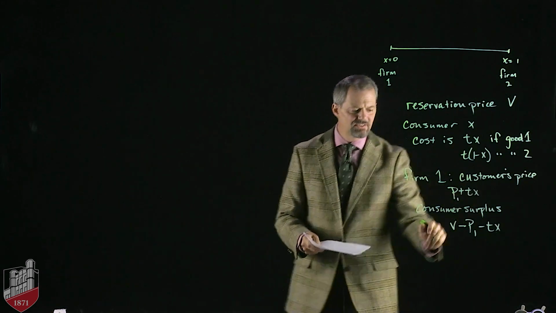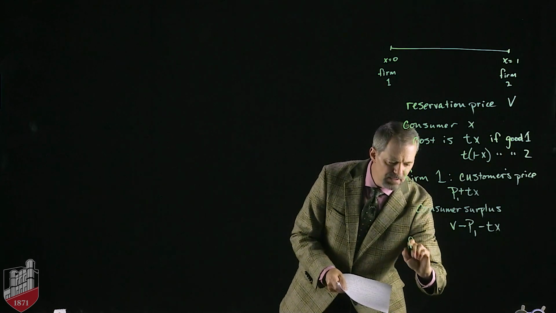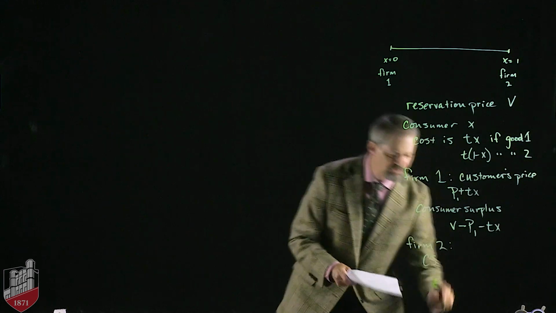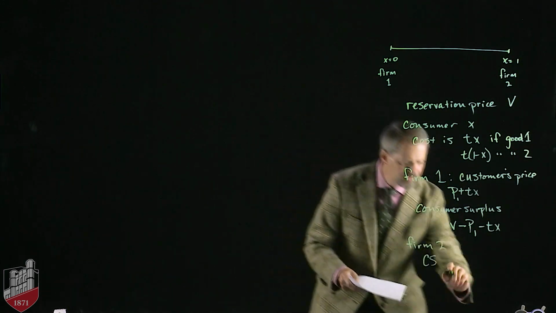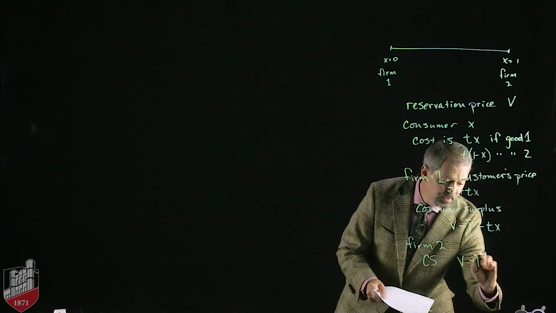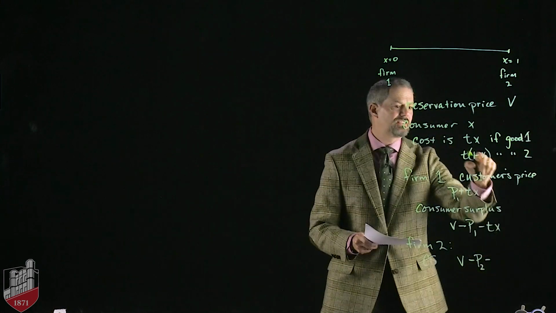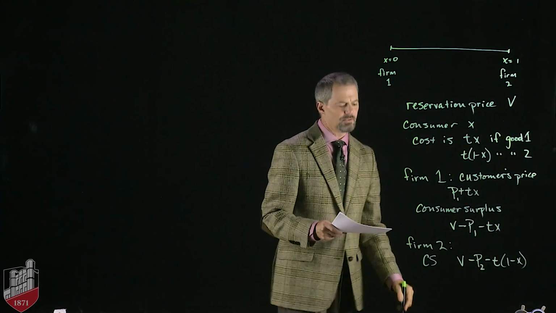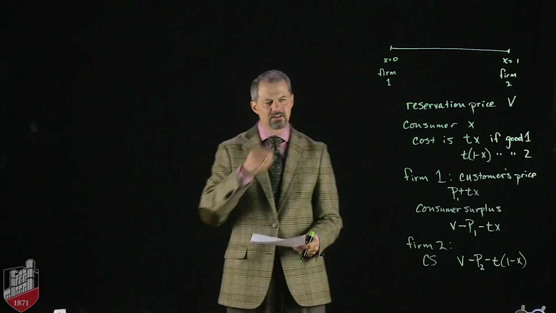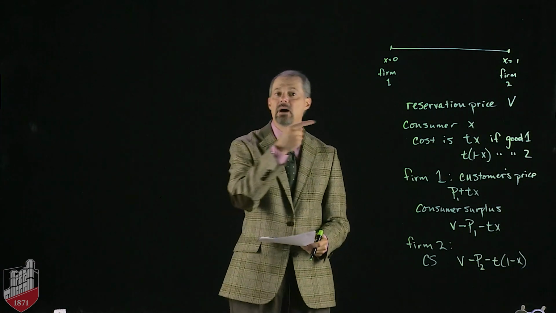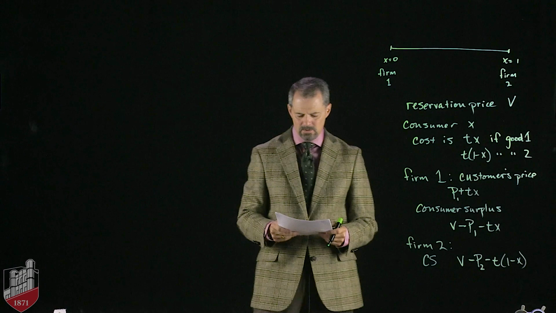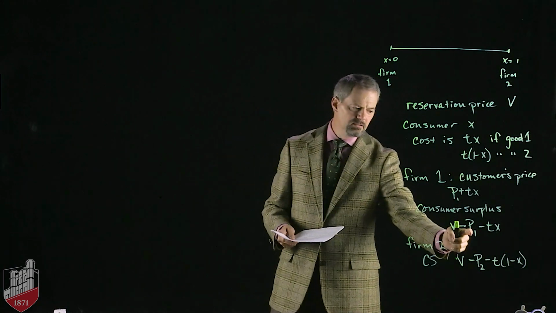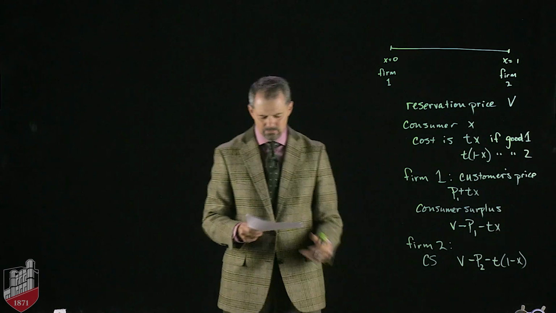Let's skip this step and let's say if they buy from firm 2, let's just talk about what their consumer surplus would be. It's going to be V minus P2 minus this cost, T times 1 minus X. So there's the consumer surplus the customer X would get if they buy from firm 2. And again, the firms compete with each other by choosing P1 and P2.